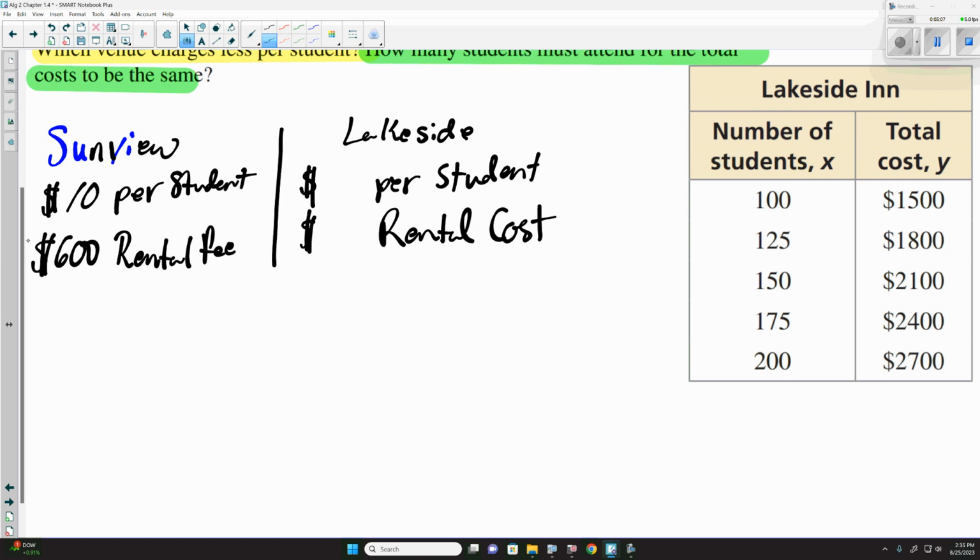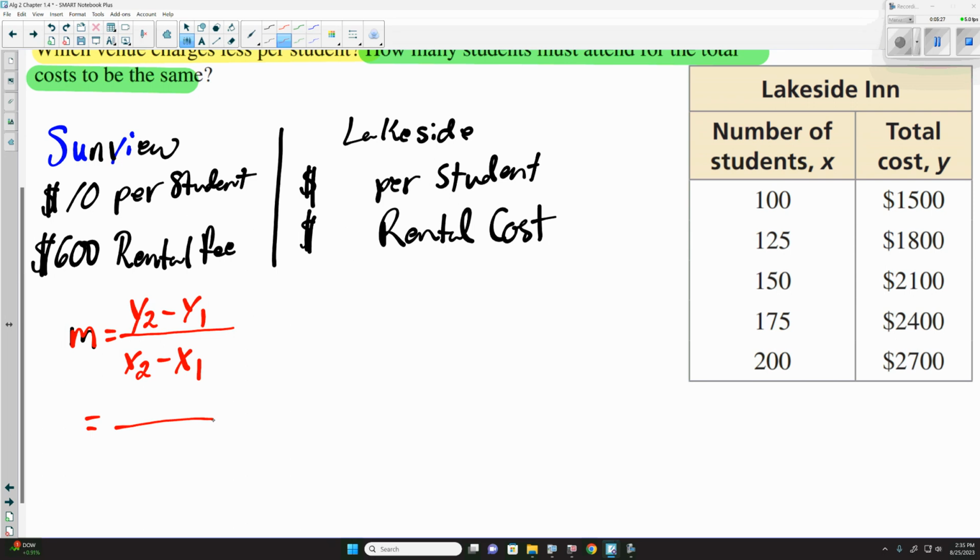If we find the equation, it will give us the rental cost, because the rental cost is the same as the y-intercept. Slope is y2 minus y1 over x2 minus x1.